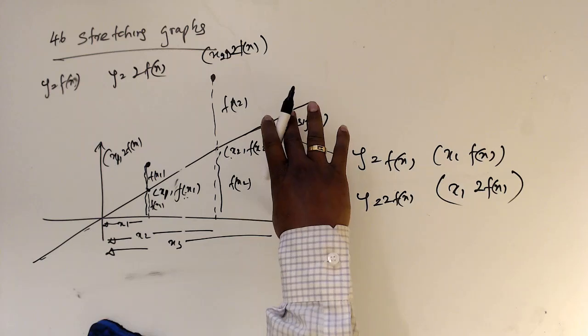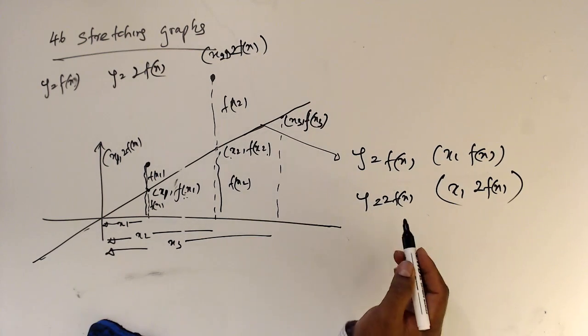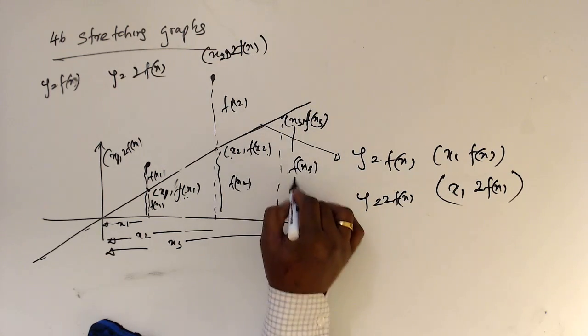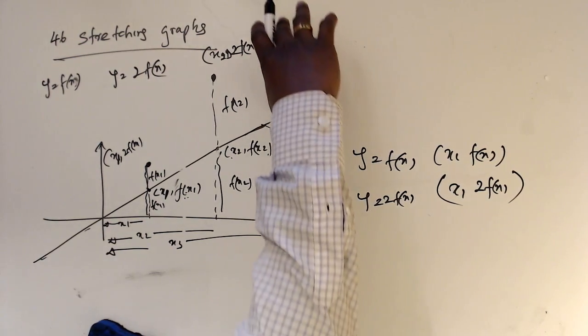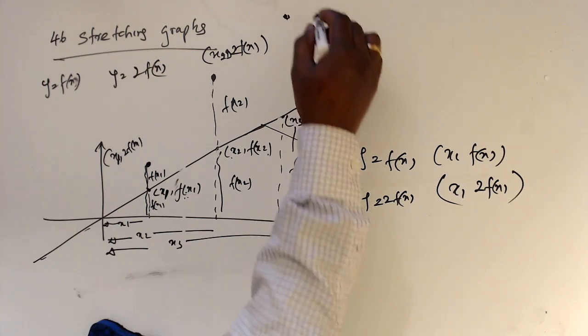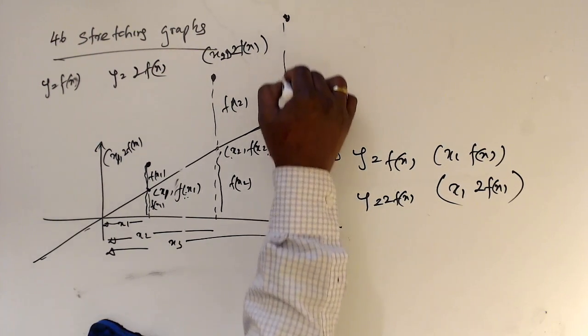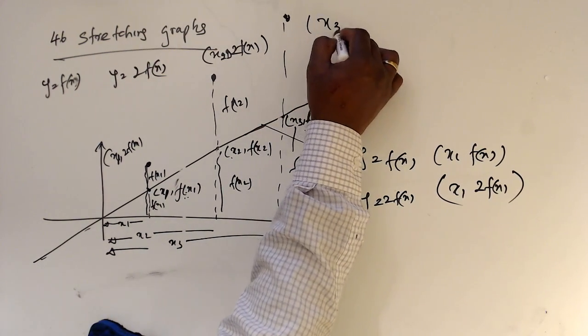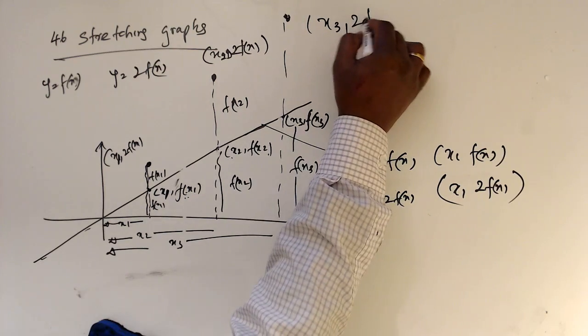Same way, this is f(x3) height. I want to double this height, somewhere here. The x3 coordinate is still the same, but the y coordinate I am doubling.